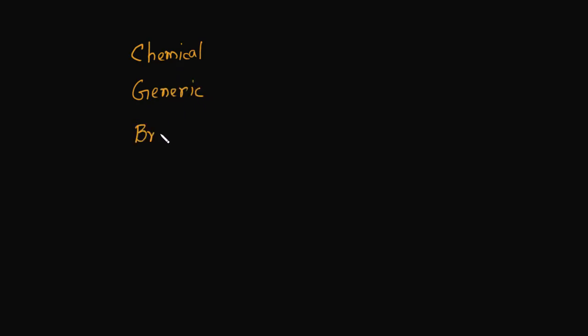So first of all, the chemical name. Chemical names for a drug are given by the chemist, so they are based on its physical and chemical properties. Sometimes the chemical names are complicated and not used very much. It's rarely used in pharmacology.